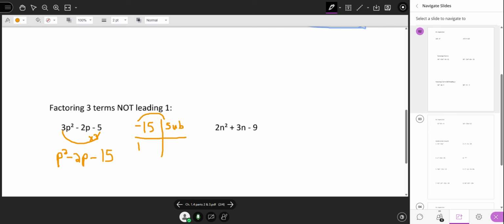Okay, so 1 times 15, 3 times 5, and that's the only 2 ways I can get 15. Which set will subtract to give me a 2? We'll take care of the sign of it using the formula.